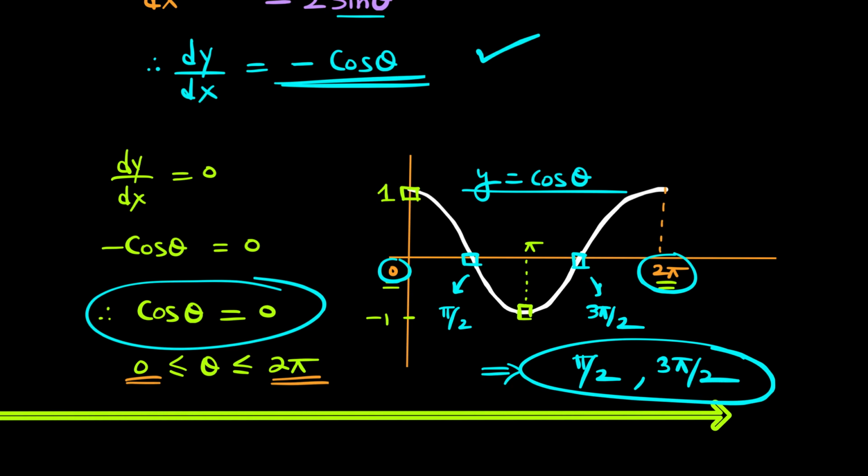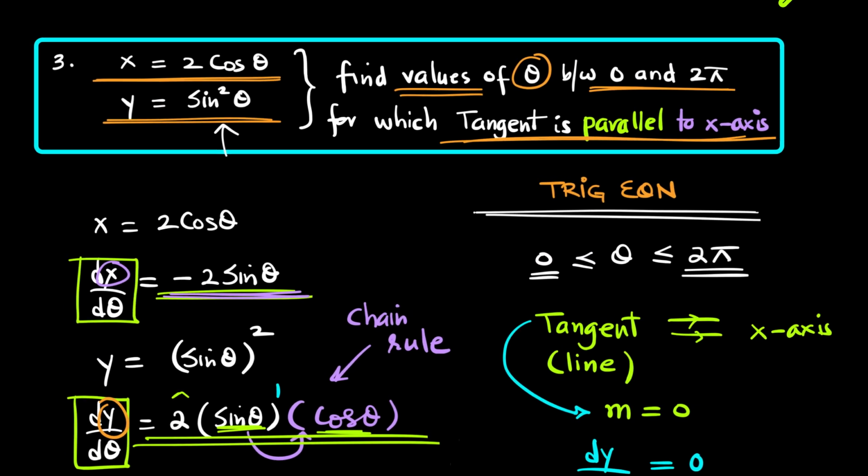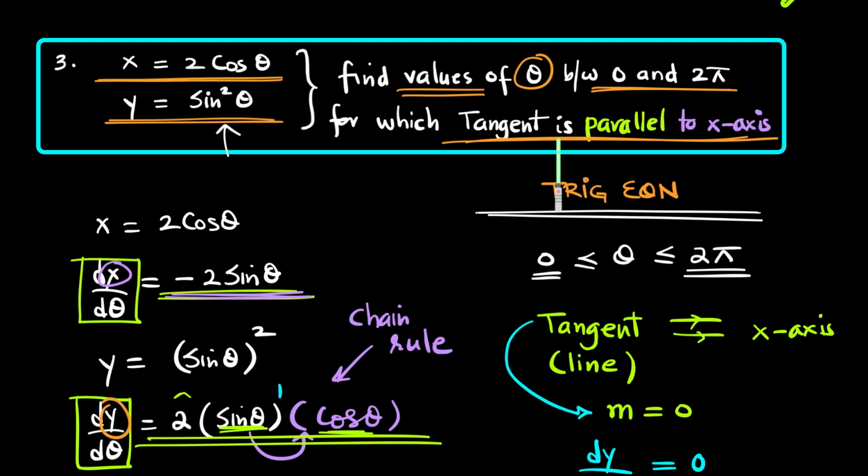These are the values of theta for which the tangent is parallel to x-axis. They are asking us to find the values of theta. If they had asked us for the x and the y coordinates, we would plug in the values of theta in these two equations and find the corresponding x and y coordinates.